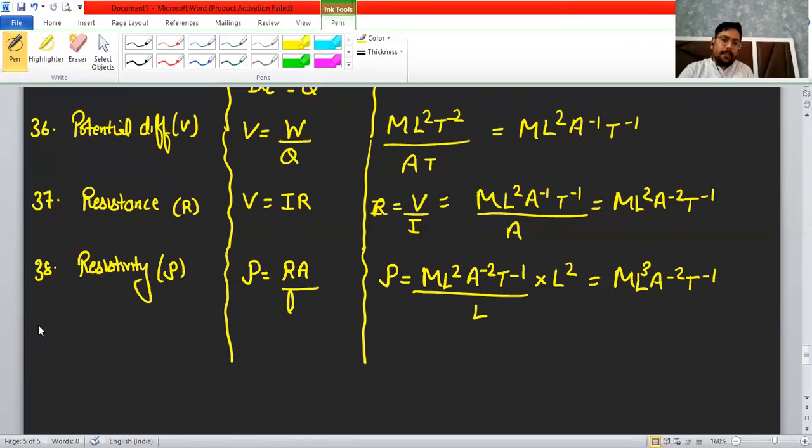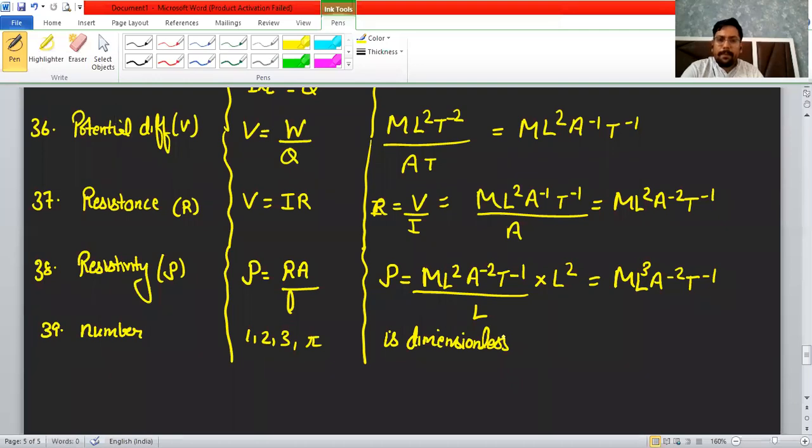I can write numbers like 1, 2, 3, pi or any other number, they are dimensionless. No dimensions are present in them. Then sir, can we write them as M^0 L^0 T^0? Yes, we can write.